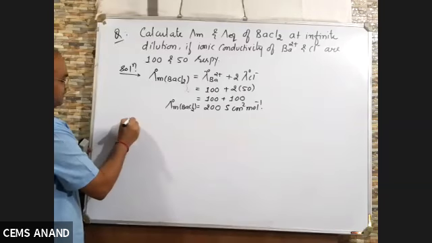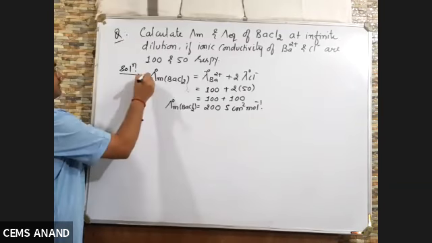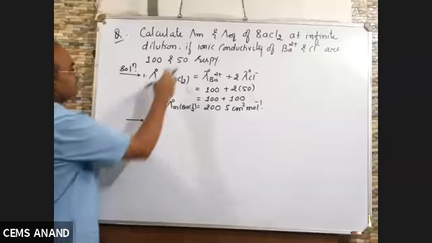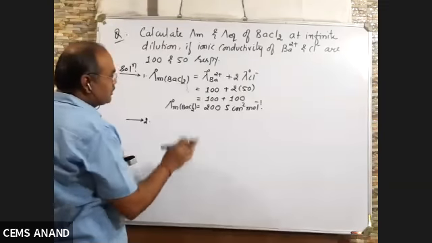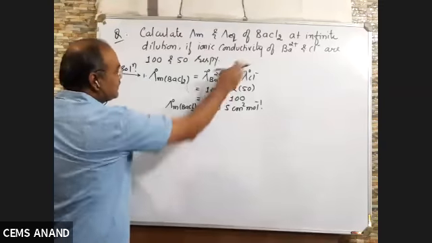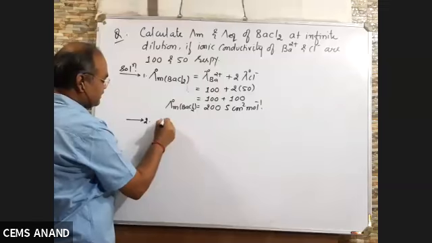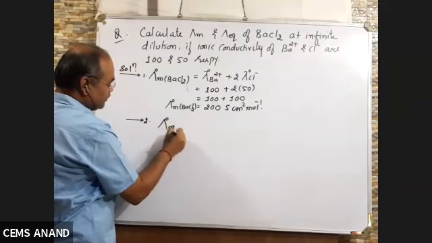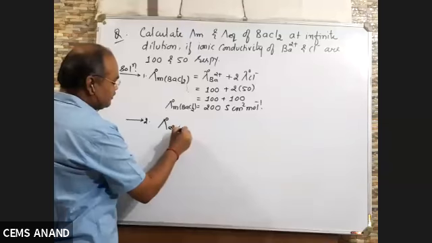Same way, you can calculate equivalent conductivity. I told you it is not given, but numericals are being asked. So for equivalent conductivity, lambda 0 eq. Eq means equivalent conductivity of BaCl2.